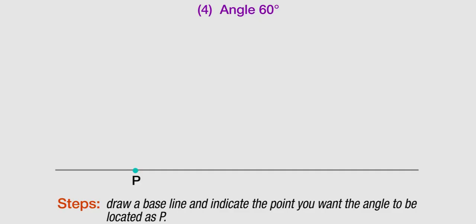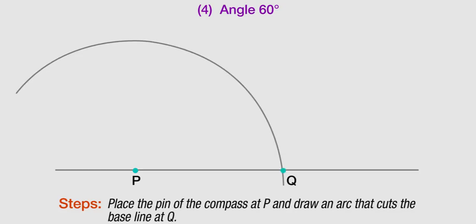Step 1. Draw a baseline and indicate the point at which you want your angle, maybe P. Step 2. Place the pin of the compass at P and draw an arc that cuts the baseline at Q. Step 3.